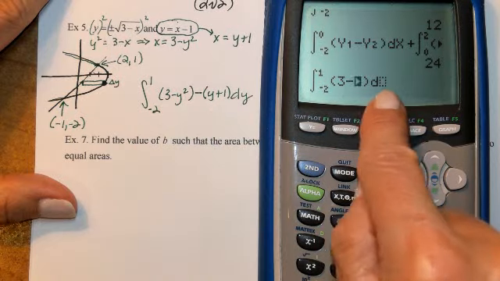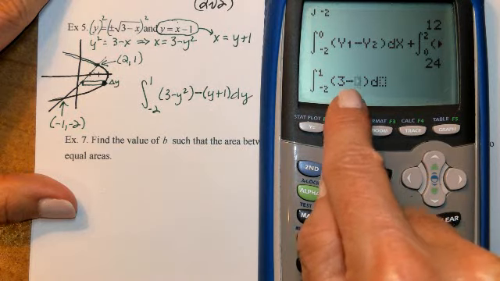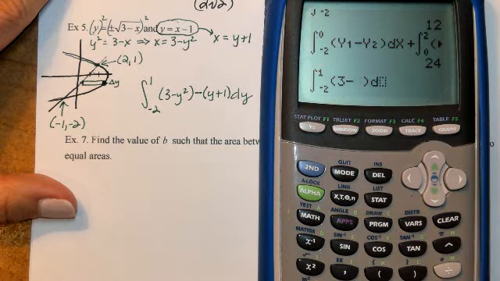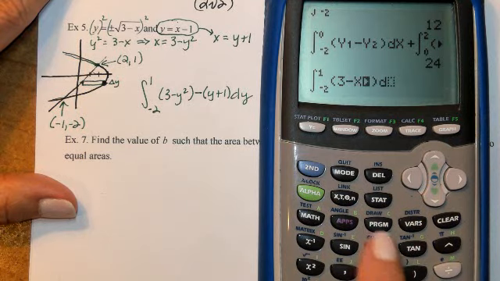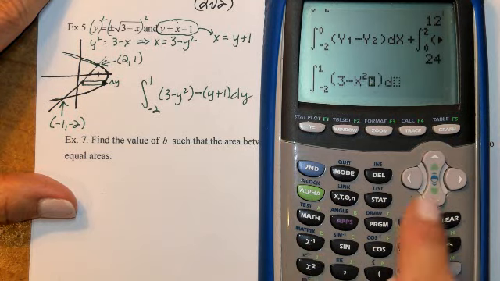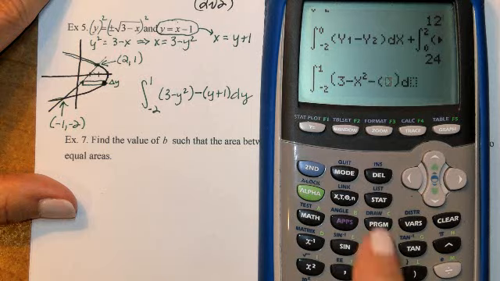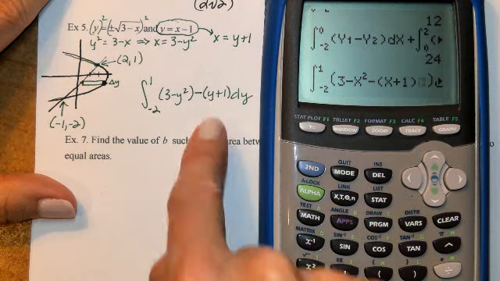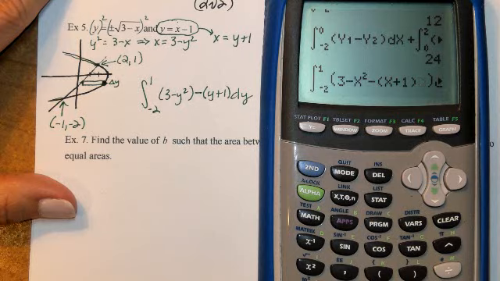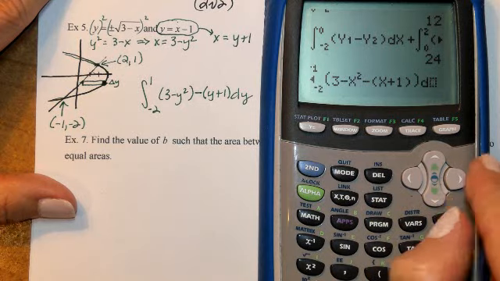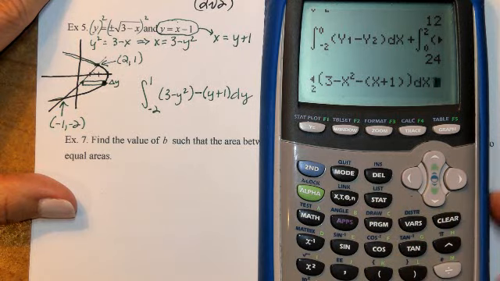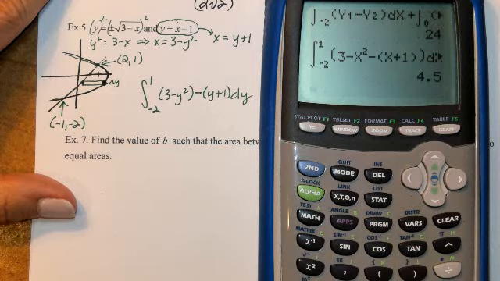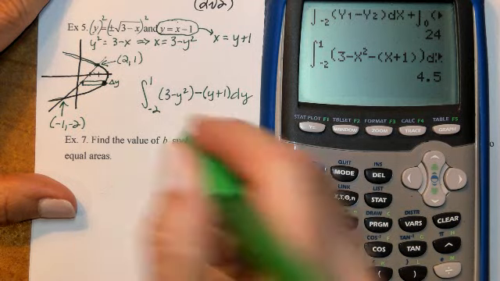As long as this matches your letters in here, it's going to be finding the same number. So I'm going to call this x, even though my x here is representing my y on my paper. Minus x plus 1. If I keep my parentheses, I'm going to keep that a minus. Okay? Dx. So that's 4.5 again.